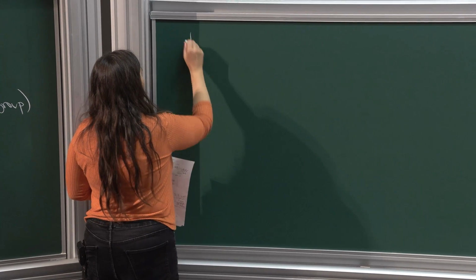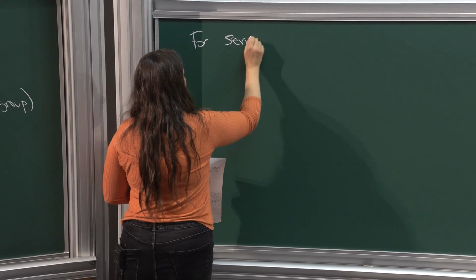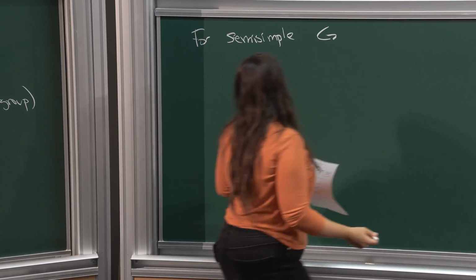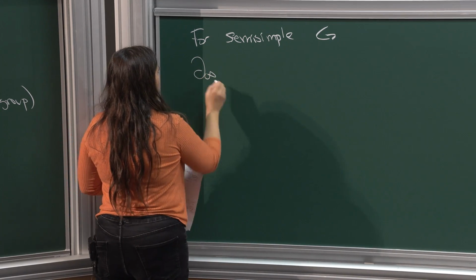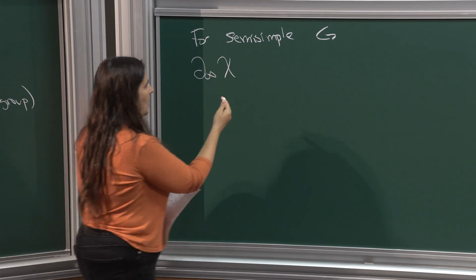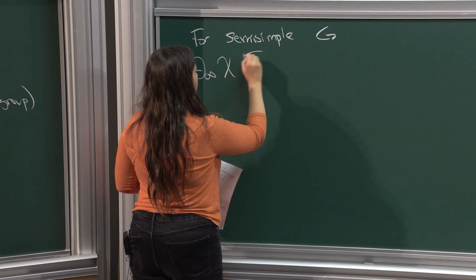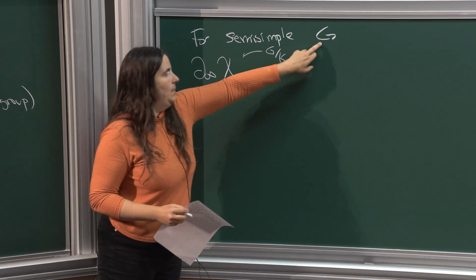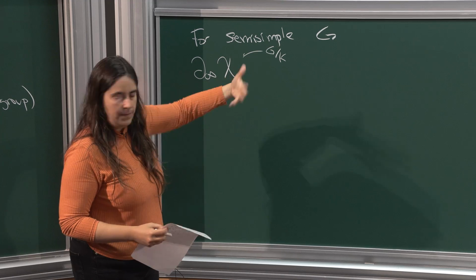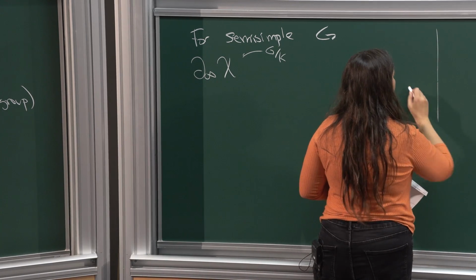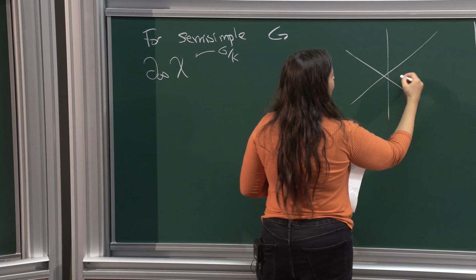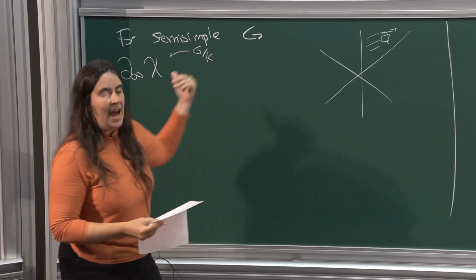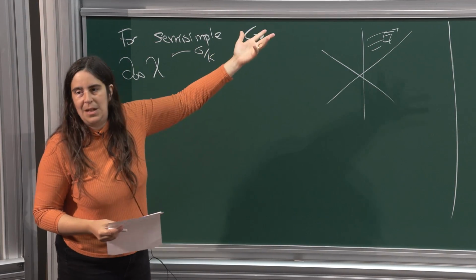So now for semisimple G, one could try to think about the boundary at infinity of the symmetric space X, which is G mod K. But as opposed to rank 1, as soon as G has higher rank, so has non-trivial flats, you see from the fact that I have this Weyl chamber as a fundamental domain, that the action of G on the boundary should not be transitive.